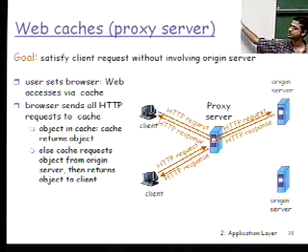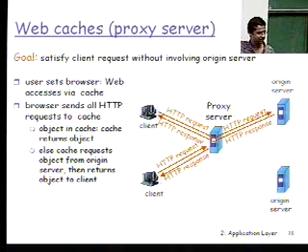The advantage of this is once it has a copy of index.html for cnn.com, the next client that asks for it doesn't have to go out on the internet and face the internet bottleneck or face the internet round trip delays, and this page can be served really quickly.